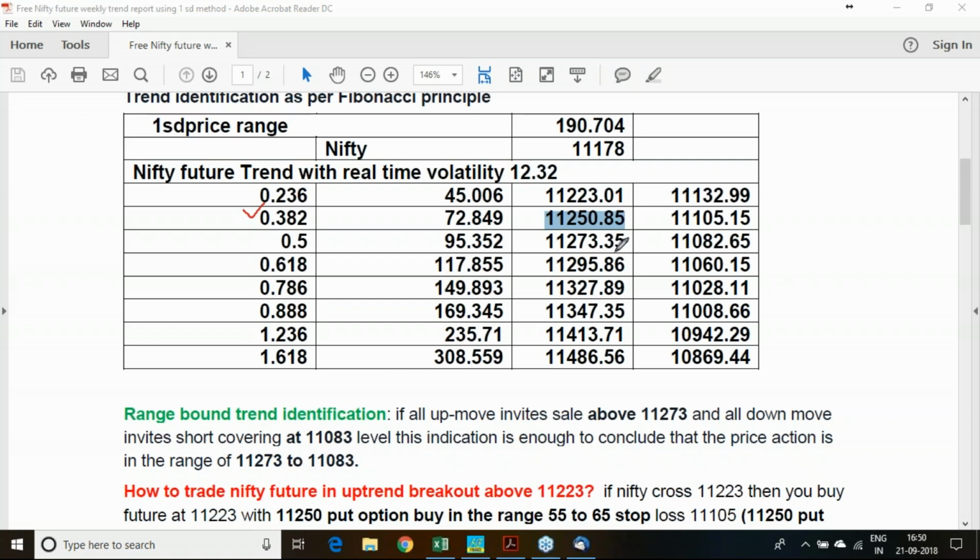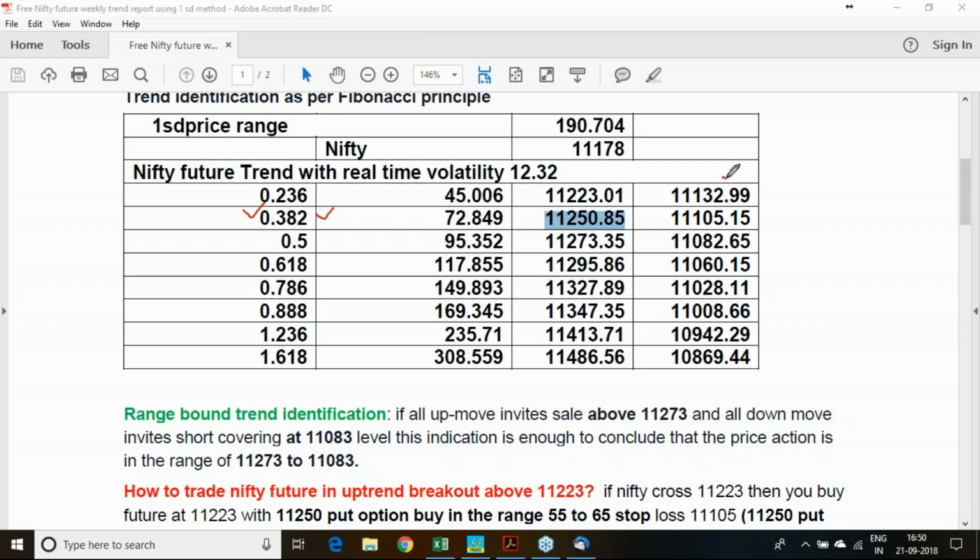This is a Fibonacci rule. If you follow the Fibonacci sequence for your trade decisions, the Fibonacci sequence says 0.236 sets the trend and 0.382 confirms the trend. So for that reason only I am using 0.382 as my stop loss.